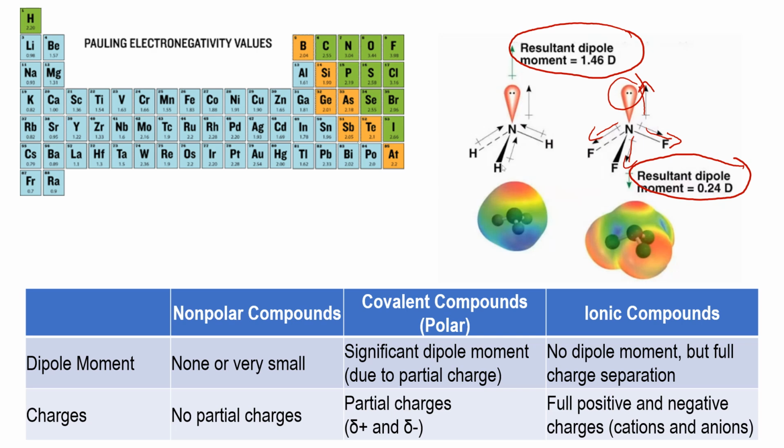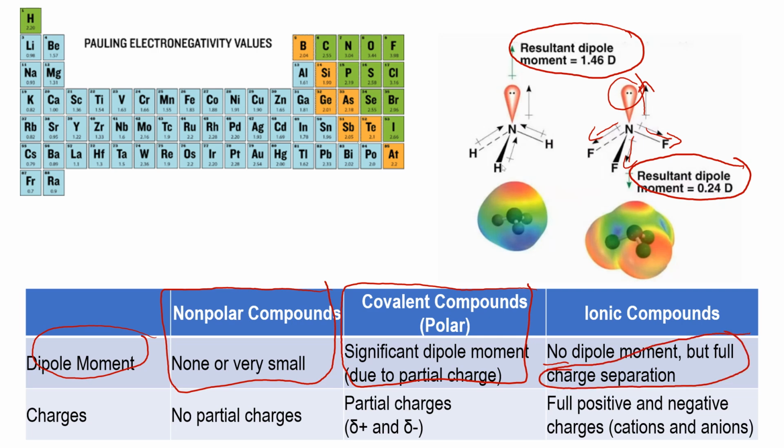So according to this table, if we look at the dipole moment, if it has very small to none dipole moment, that is a nonpolar covalent compound. If it has a dipole moment, it is definitely a polar covalent compound. And if it has no dipole moment and it has full separation of charge, that is an ionic compound. And that is in relation to the charges.